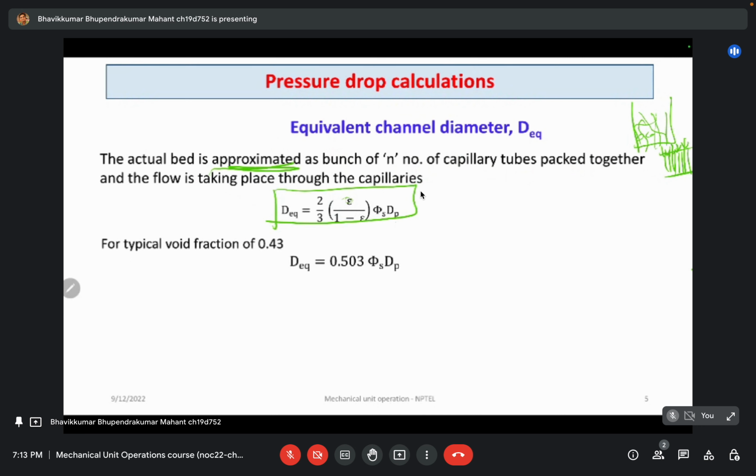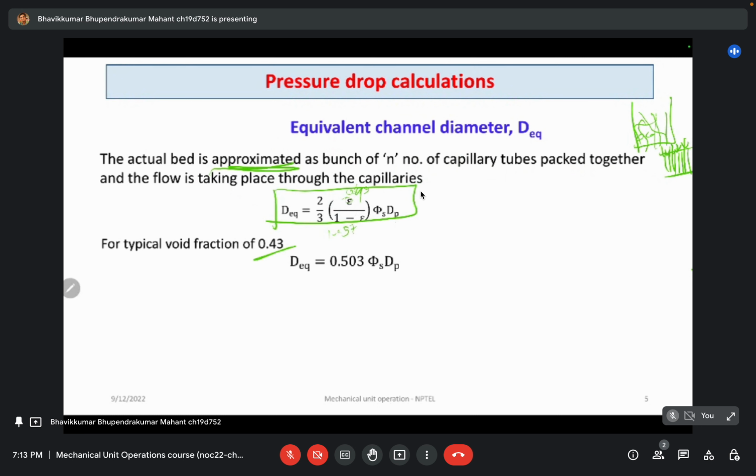For a typical void fraction, if we want an example, consider that your void fraction is 0.43. Then you substitute the value of 0.43 here and 1 minus 0.43 over there, which is 0.57.